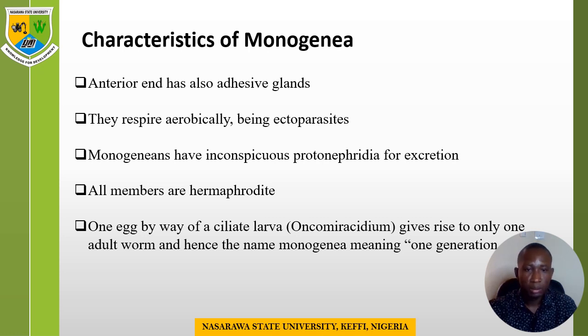Monogeneans have inconspicuous protonephridia for excretion. The protonephridia is the organ responsible for expelling waste products out of the body of the organisms under this class.